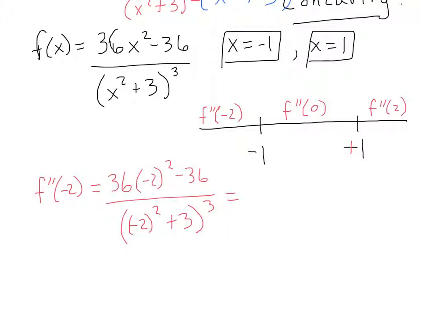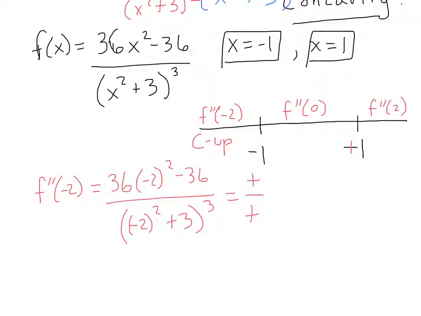Now on top, you're going to end up with a positive number, aren't you? On bottom, you've got 4 plus 3, which is also a positive number. And so the outcome here is positive, which means that it is concave up. Very good.